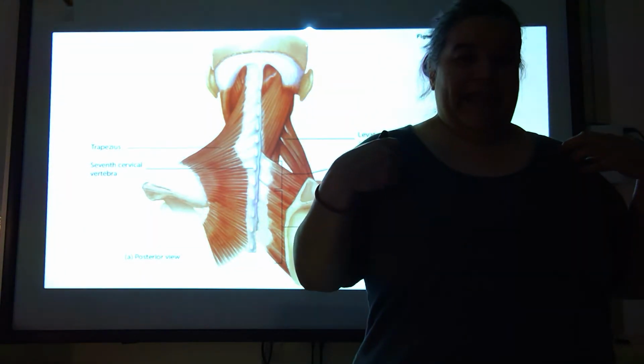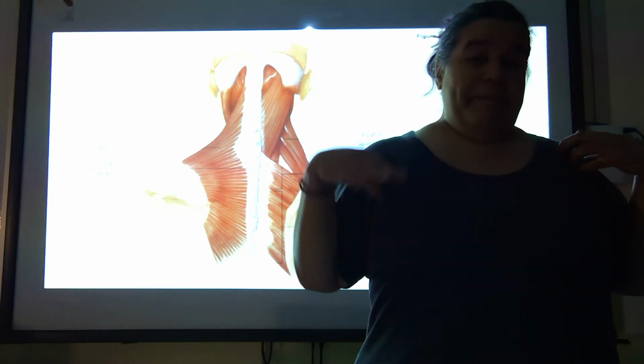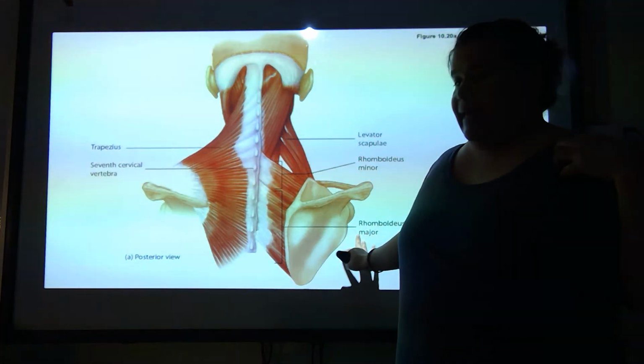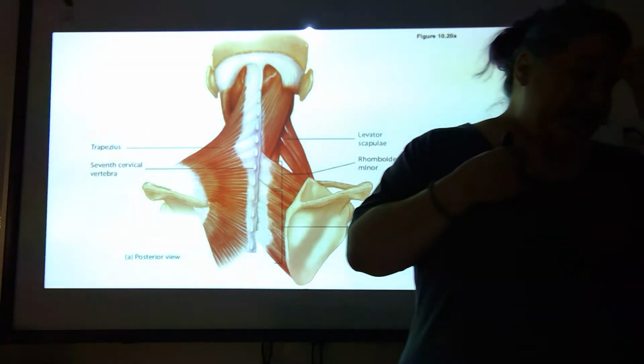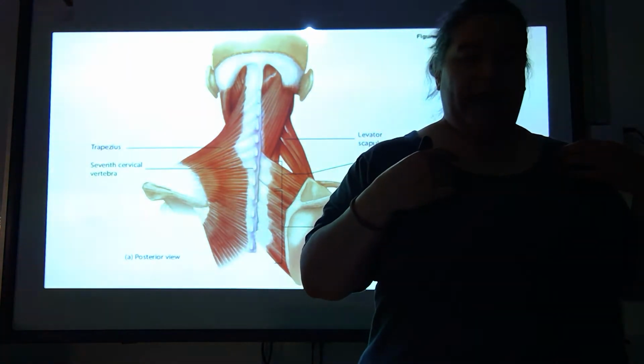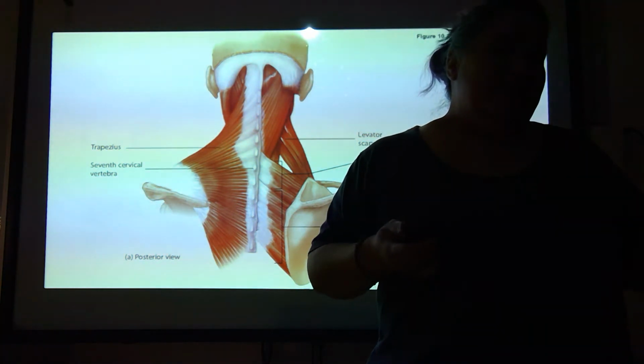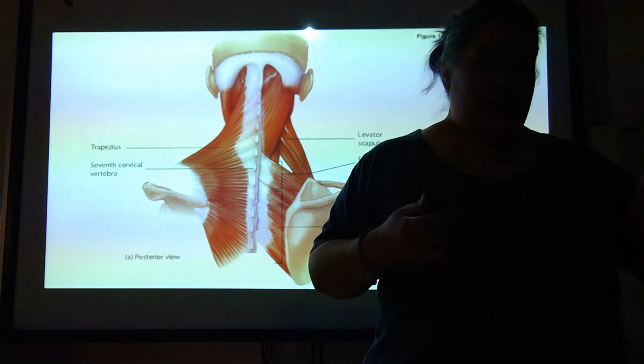It rotates and it can flex the scapula as well. The major, at the bottom, the Rhomboideus Major, retracts, rotates, and flexes, okay? So you've got slight differences between the major and the minor.